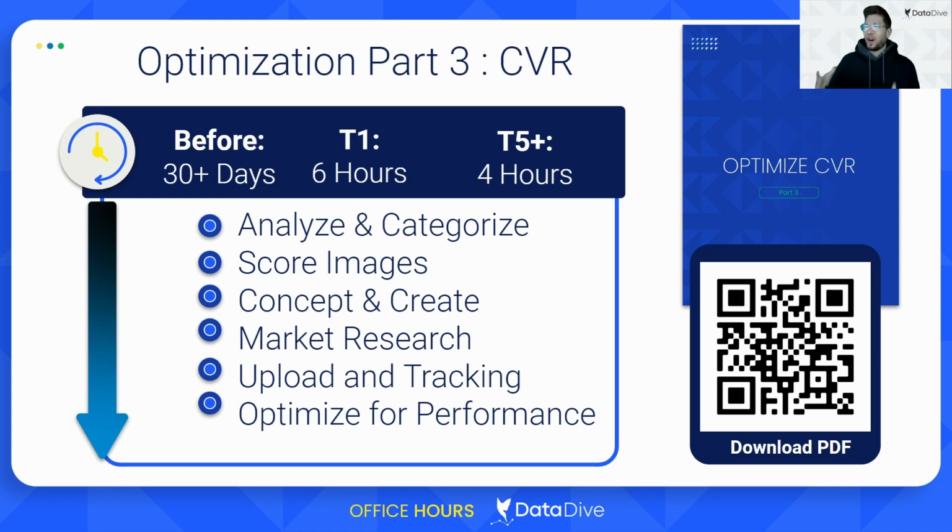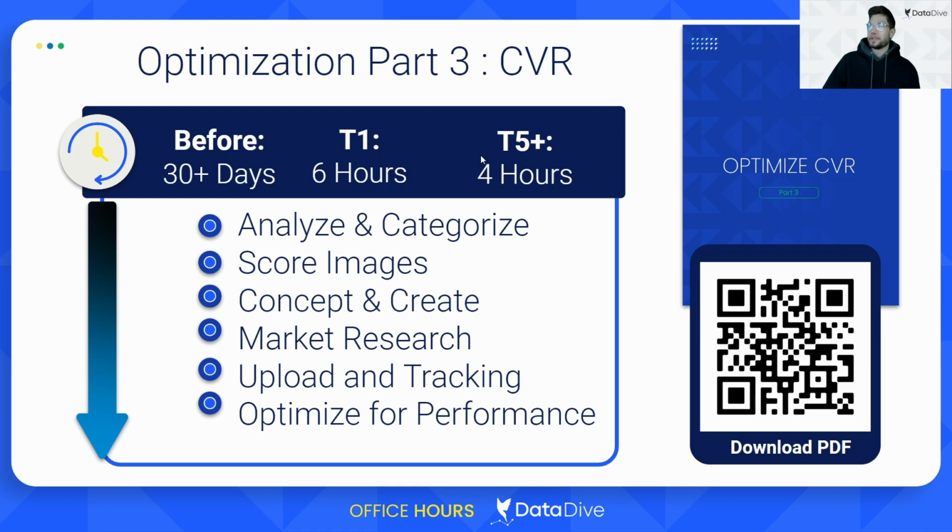And so the thought is, if you were sitting down as an internal team, or if you're working at an agency, instead of taking weeks and weeks to concept what needs to go into these images, the plan is if you could just sit down and do this in like a day, or even better, half a day. So if you go through absolutely every single part of this process that I'm about to show, I think the first time you do it, it'll probably take you like somewhere between 4 to 6 hours.